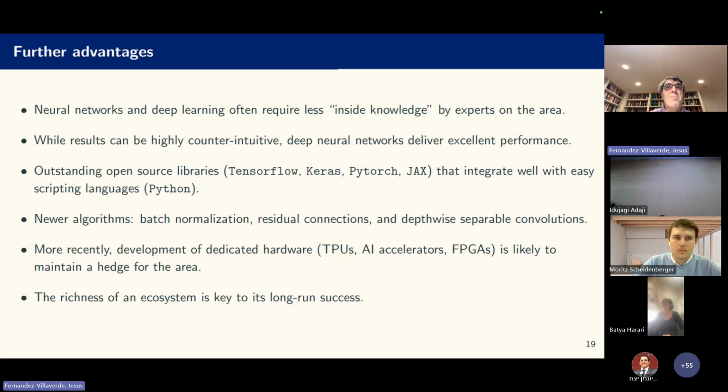Imagine that you invent your own polynomial class, which may have some fantastic properties. But at the end of the day, what you'll find is that you don't have the software and the environment to work on it, so it's not going to really be a success. And neural networks have this whole ecosystem that has become incredibly large just because they are so important out there in real life applications.